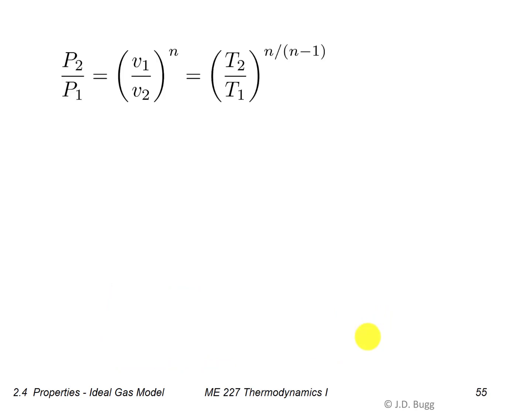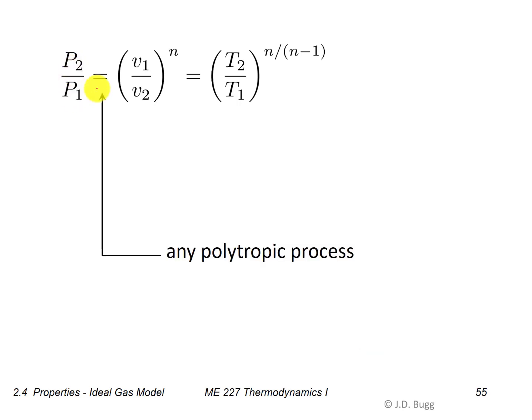Just to summarize, we really have three equations here. This is our original polytropic expression. If we're relating pressures to volumes for a polytropic process, then that's true for any polytropic process. It doesn't matter what the substance is. This pressure ratio related to this volume ratio holds for any polytropic process, regardless of the substance.